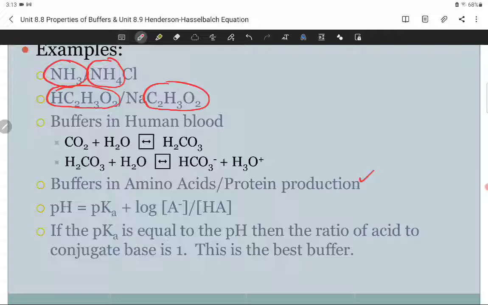We're definitely going to use the Henderson-Hasselbalch equation. We would love to find a pKa that is closest to the desired pH that we want to make our buffer. Unfortunately, there's not an infinite number of buffer materials that are going to be in anyone's stockroom.